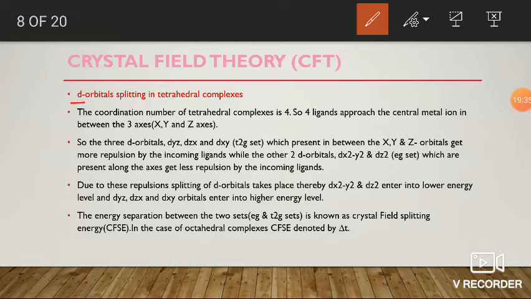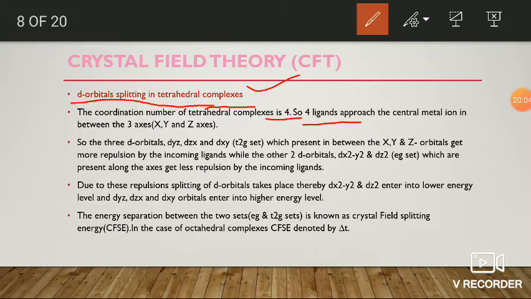Next, d orbital splitting in tetrahedral complexes. In the case of tetrahedral complexes, the coordination number is 4. So 4 ligands approach the central metal ion and form the corresponding tetrahedral complex. The 4 ligands approach the central metal ion in between the x, y, z axes.